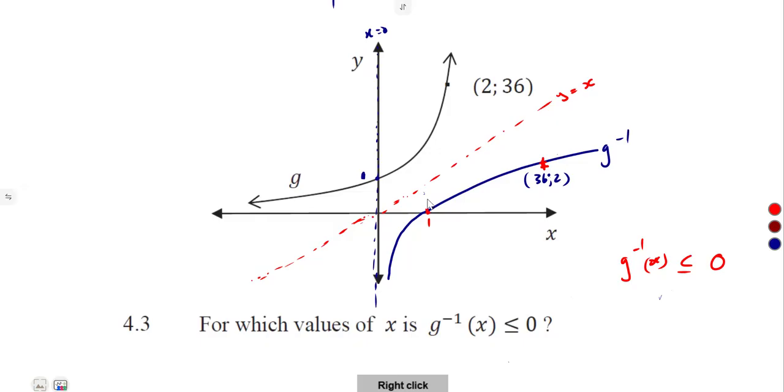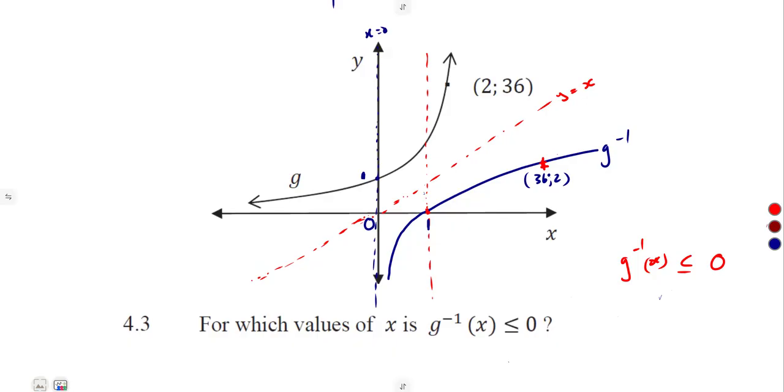Let me just use another one so that you can properly see what I'm trying to say. When I have this 1 like this, it's a critical value. So x is equal to 0 for the y-axis, and for this one, x is equal to 1. Those are our critical values.